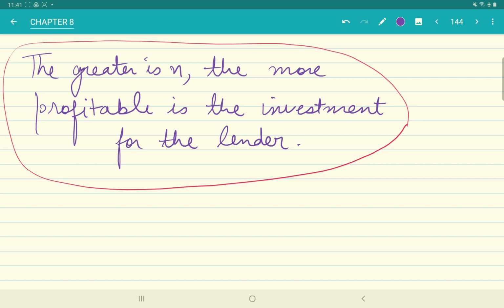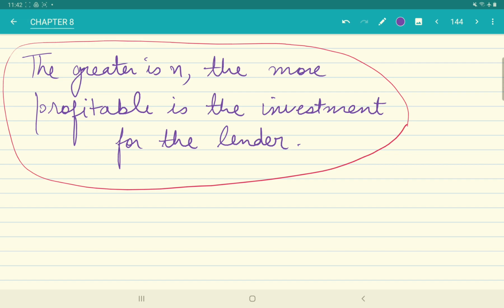So let's say earlier I was adding interest after 1 year, then after 6 months, then after 3 months, then after 1 month, then after each week, or daily, then hourly, then per minute, then per second, then per millisecond, and so on and so forth. So as I increase this n, there is a limit.